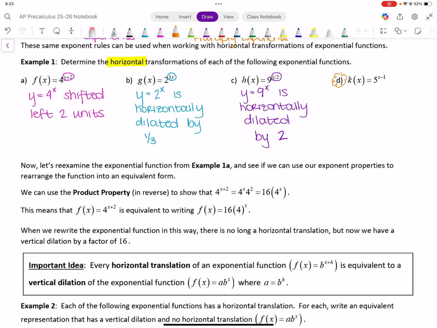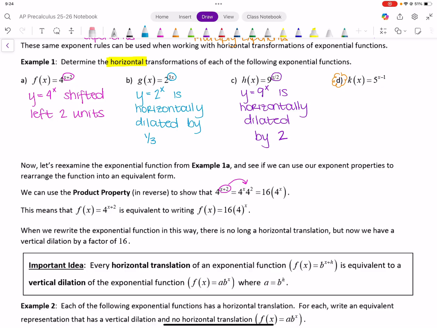Then if we look back to example 1a, we can use our exponent properties to rearrange function f of x into an equivalent form. Using the product property in reverse, so going from addition of our exponents to multiplying the bases, we go from 4 to the x plus 2 to 4 to the x times 4 to the second power.